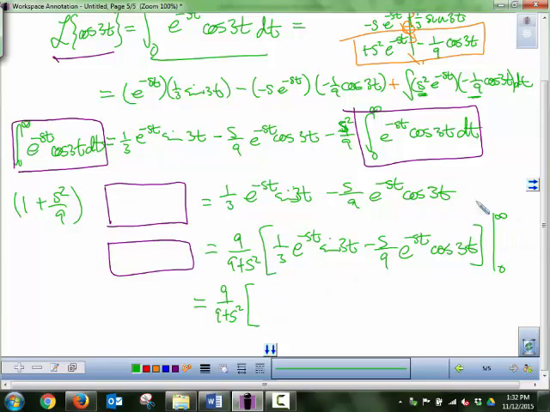All right, let's put infinity in. If you put infinity in, the sine and cosine are just going to oscillate between 1 and negative 1, right? And then you have e to the negative infinity that's going to squeeze it down to 0. So if you imagine this oscillating thing getting squeezed down to 0, as it goes off to infinity, it just becomes 0. So that goes for both of them when you put infinity in.